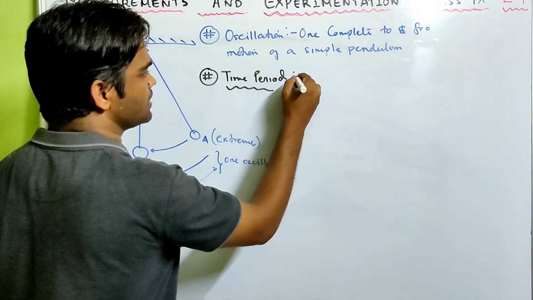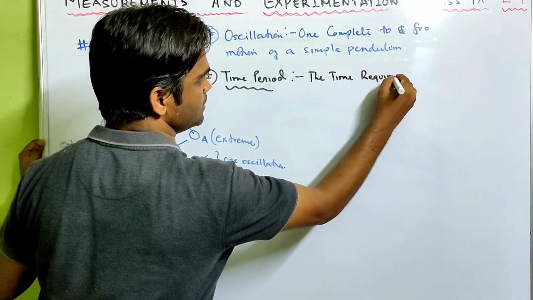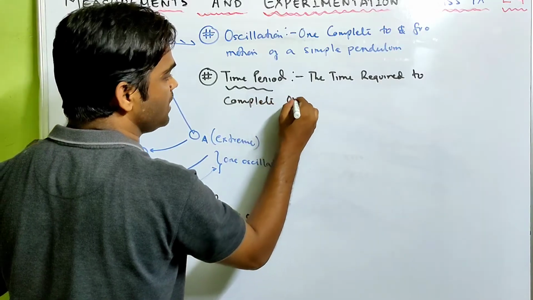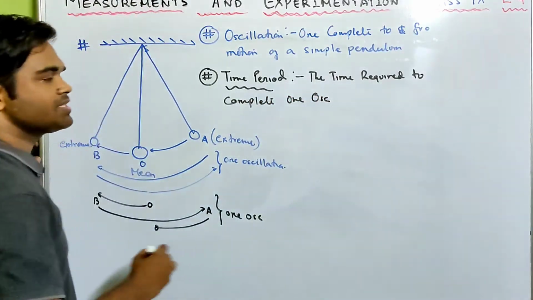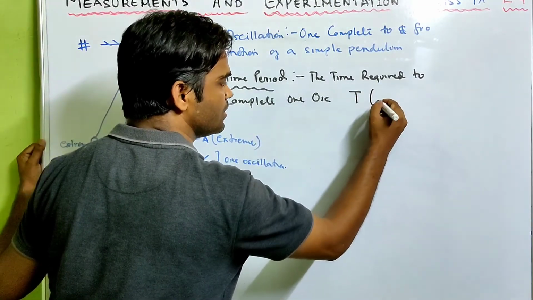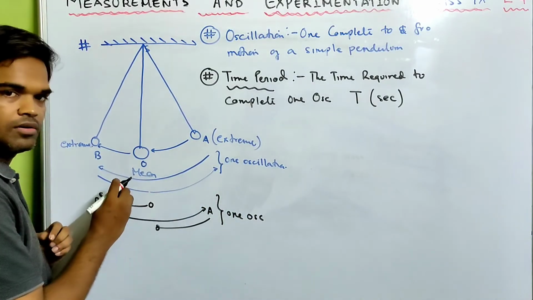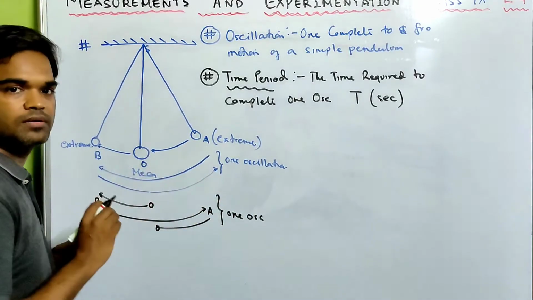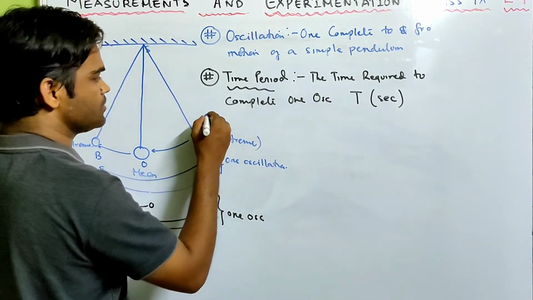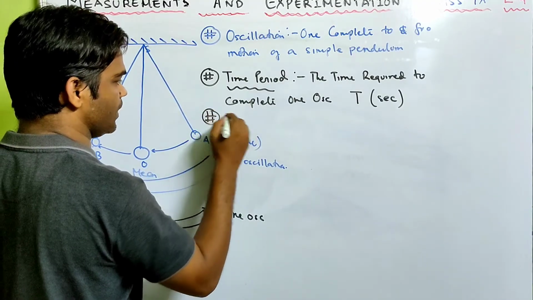Next, very important, time period. Very easy. The time required to complete one oscillation is known as time period, denoted by capital T, and the unit will be second. That's the time period, how much time it takes going from A to B and back to A. Then comes frequency.